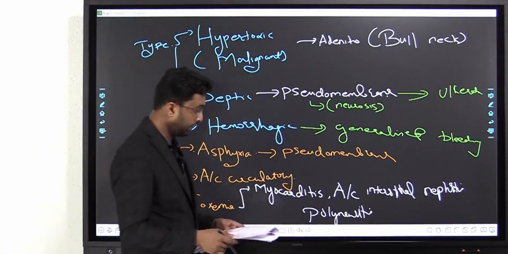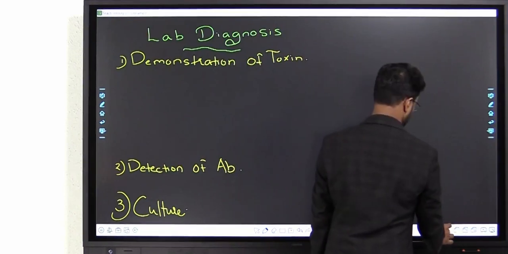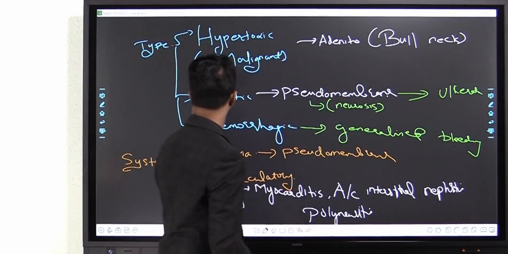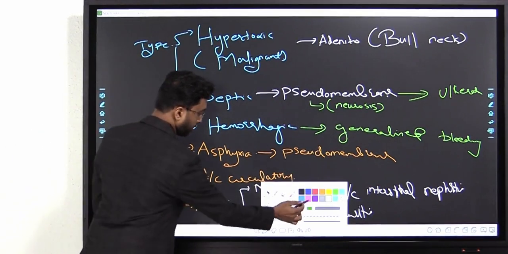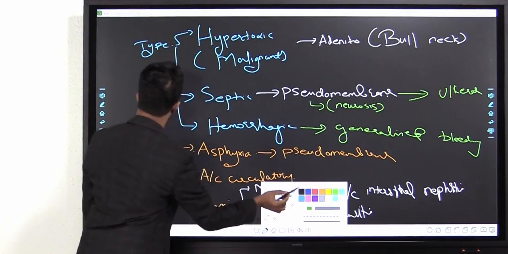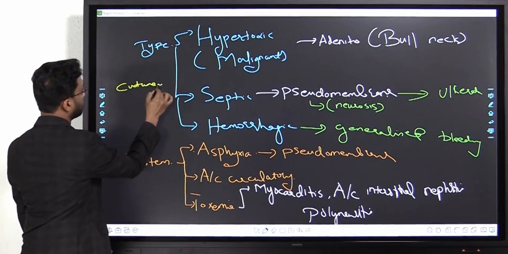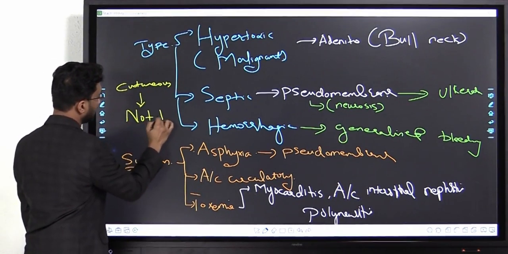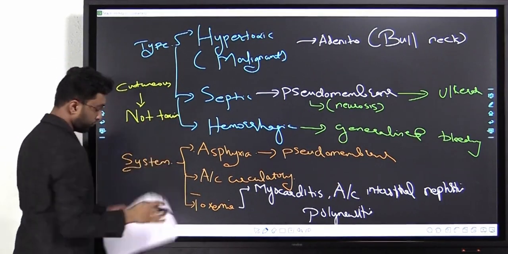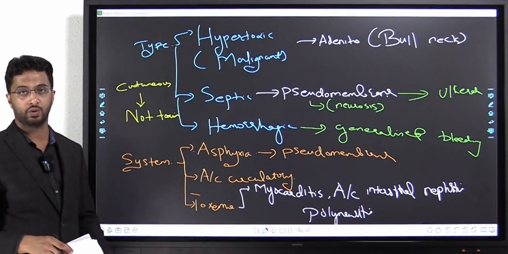Then you have cutaneous diphtheria. Just write it down. Not much. The only thing you have to know here is that in cutaneous diphtheria, it's not due to toxin, or it is due to non-toxigenic strains.